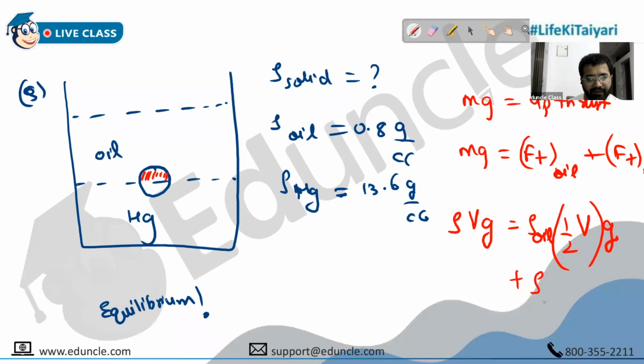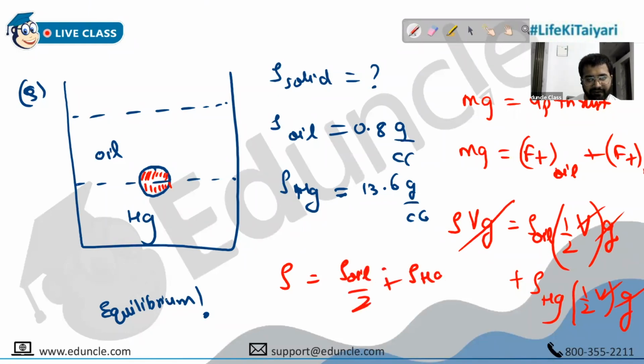Similarly, we have the density of mercury. What is the volume of liquid displaced? Again, half. Are you with me? Yes, sir. That's it. Vg gets cancelled. We have rho equals density of oil by 2 plus density of mercury by 2.